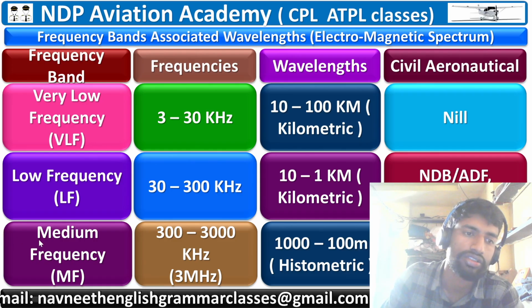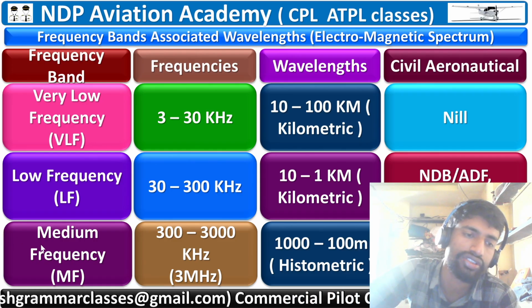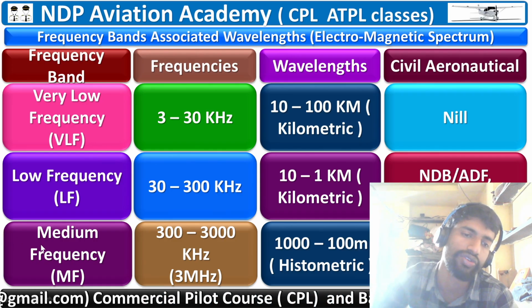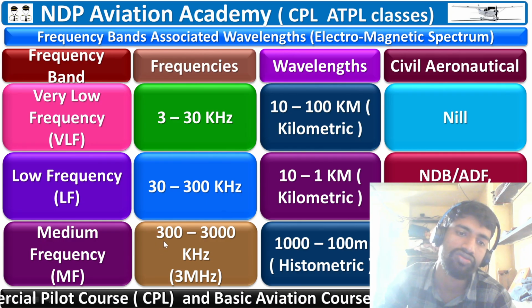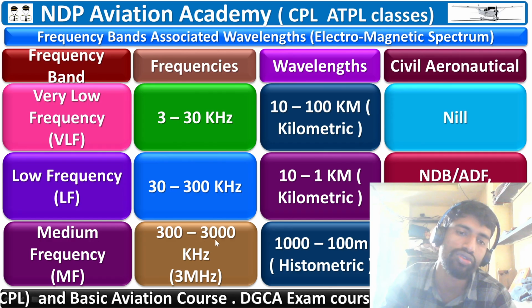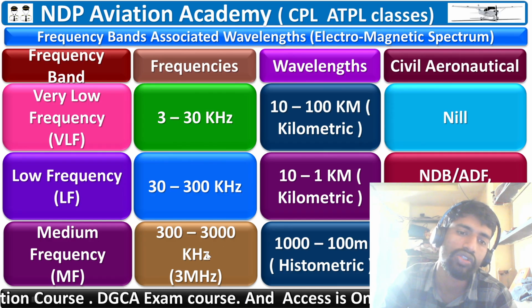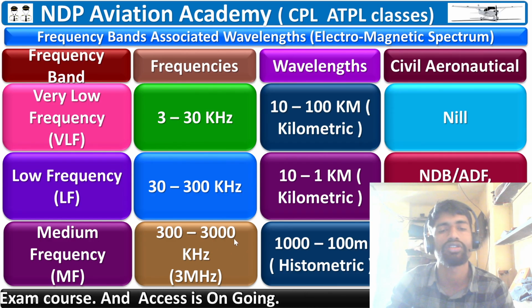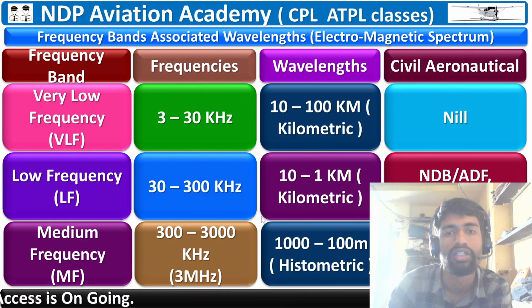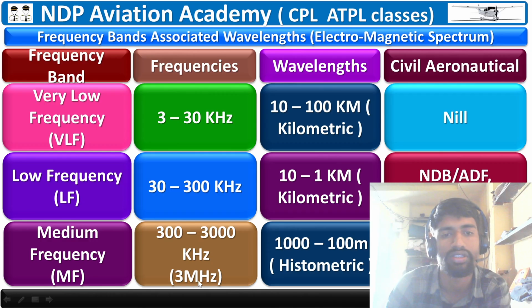Then next, medium frequency, you can say MF, starts from 300 to 3000 kilohertz. You can also say 3 megahertz.